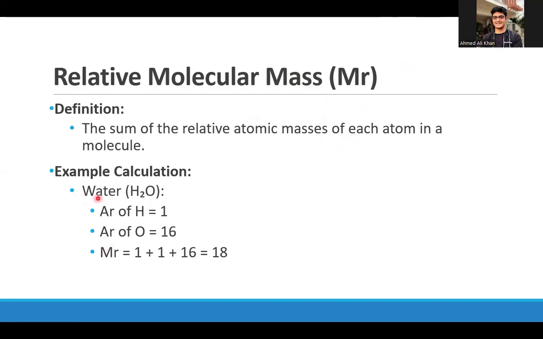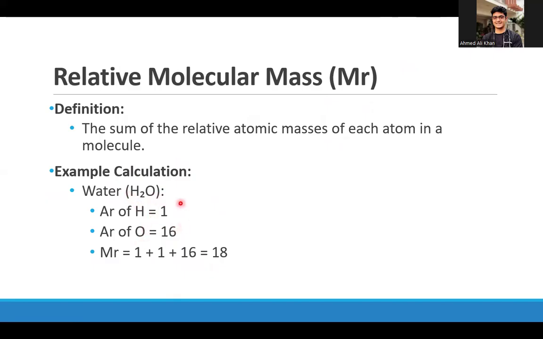Water is H2O, so it contains two hydrogen atoms and one oxygen atom. What is the AR of hydrogen? It is one. The AR of oxygen, on the other hand, is 16 on the periodic table.